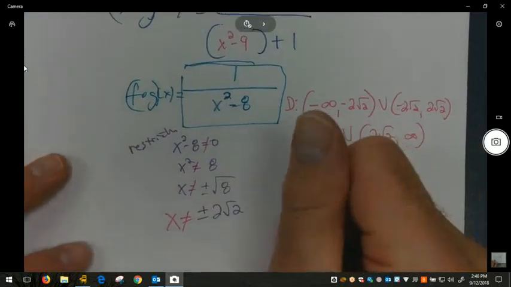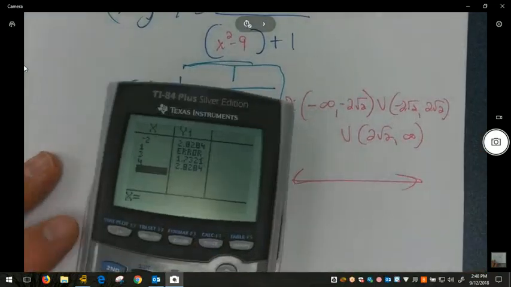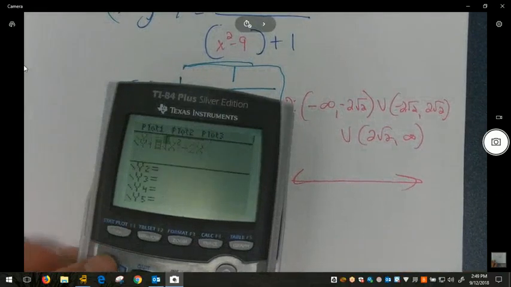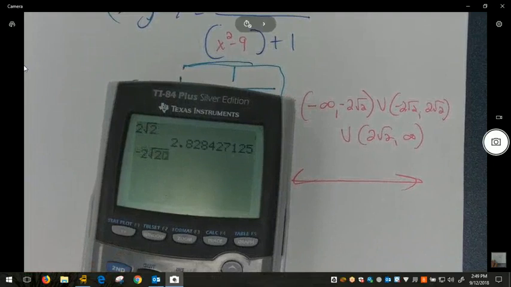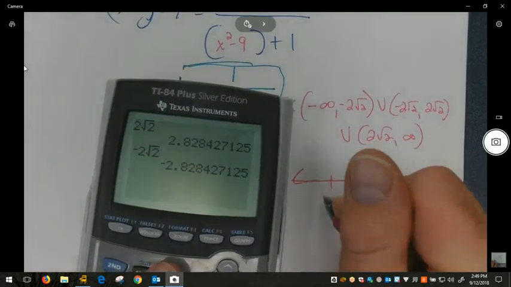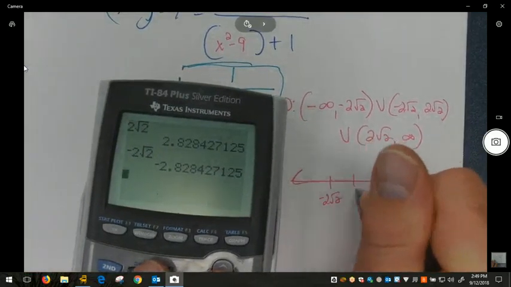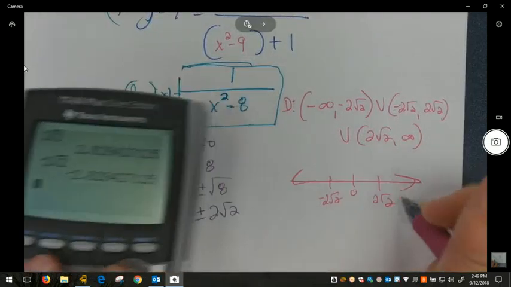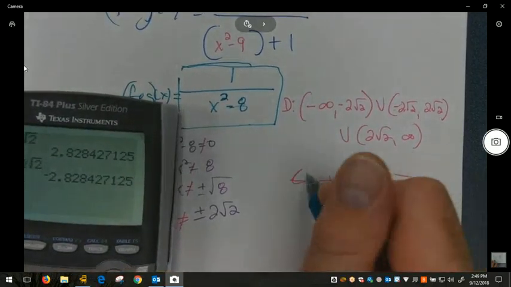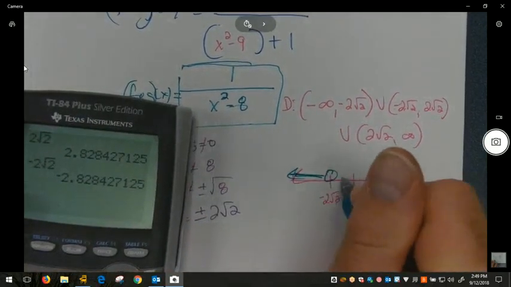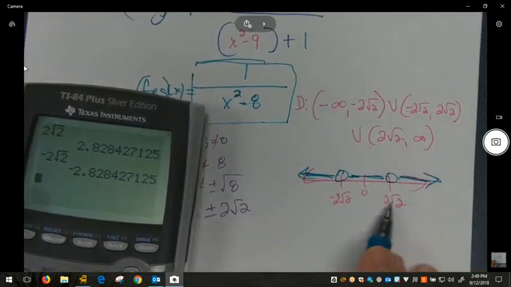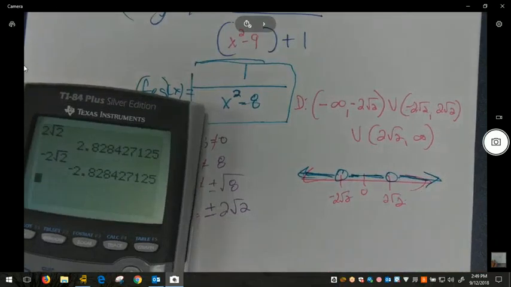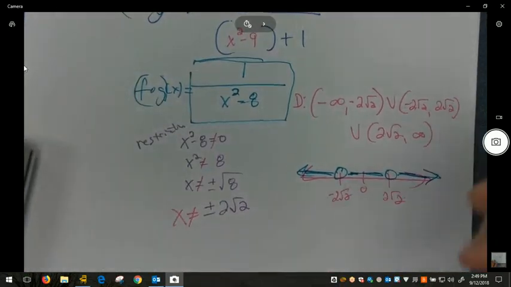If it helps you to draw a number line, let's look at where those roughly are. 2 square roots of 2 and negative 2 square roots of 2. We're looking at 2.8 and negative 2.8. We know that x can be any number to the left of this, any number to the right of it, but it cannot be either of those two values. So I have 1, 2, 3 intervals for my domain restrictions.